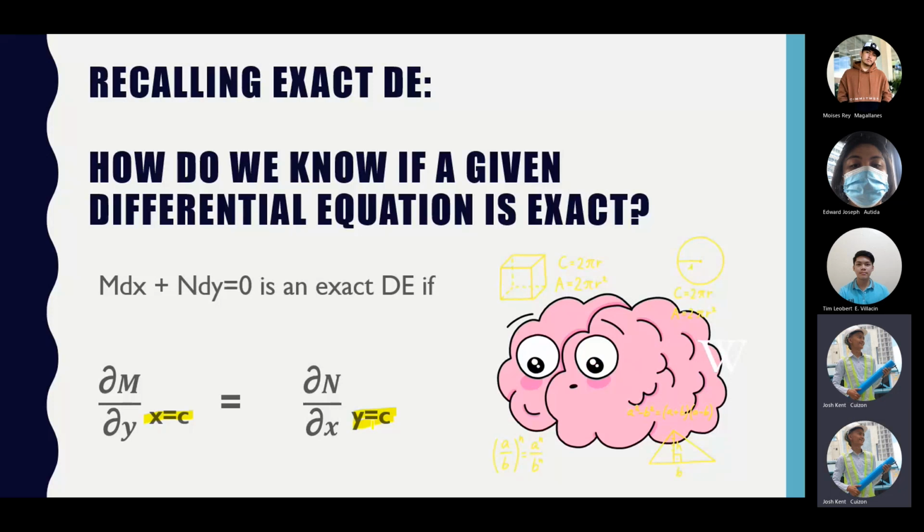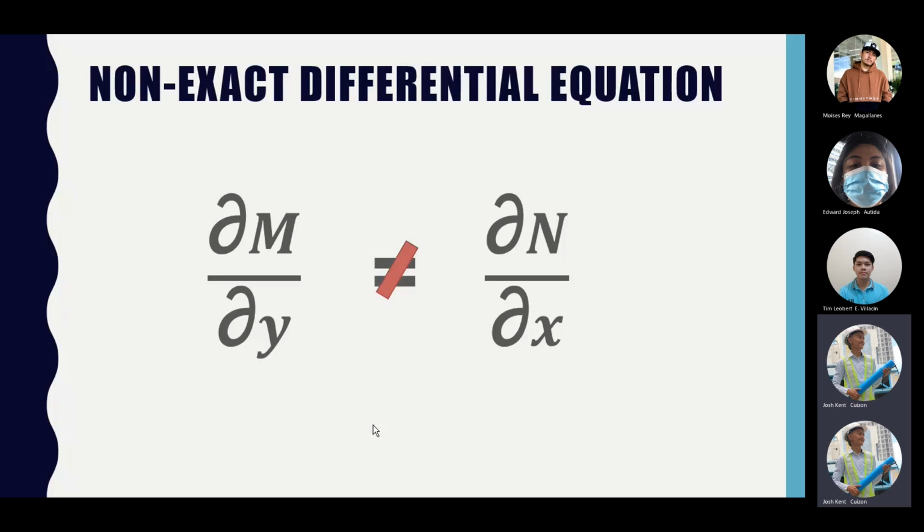So, by this, we now know that a given differential equation is non-exact if the partial derivative of M with respect to y is not equal to the partial derivative of N with respect to x.